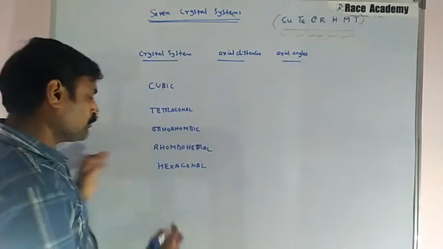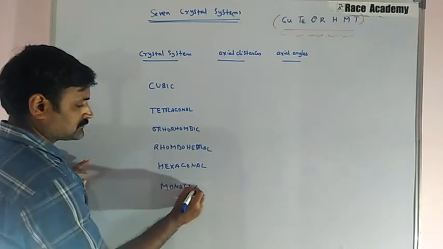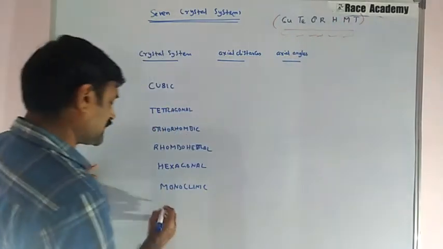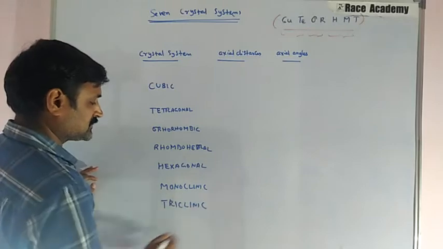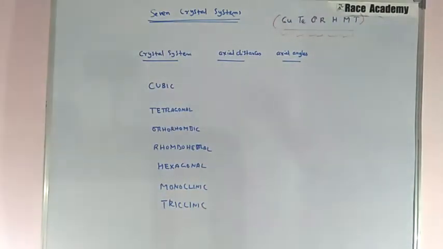M stands for monoclinic. And T stands for triclinic. Okay. Just see, is it sufficient? The bottom side? Right. Clear.